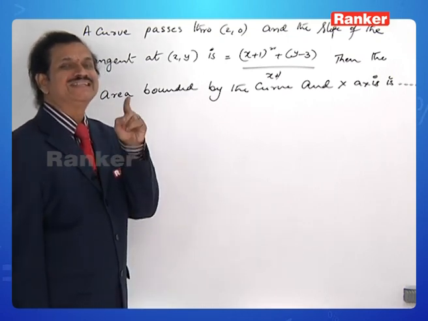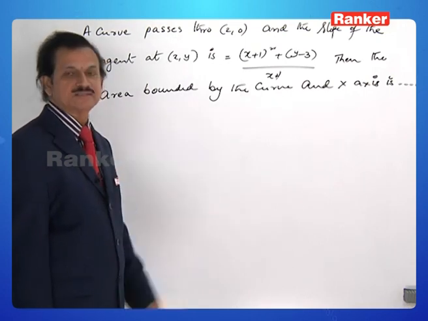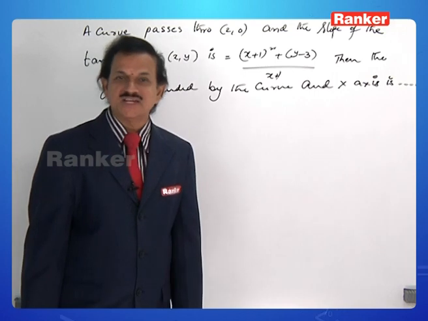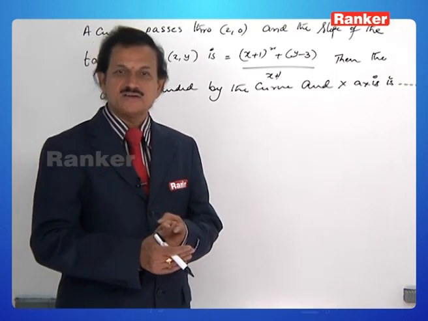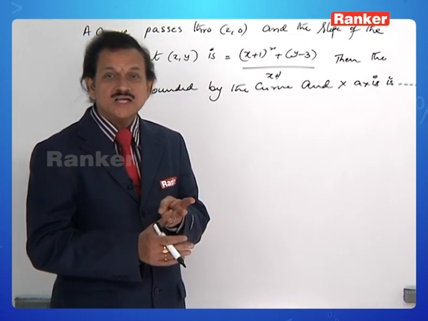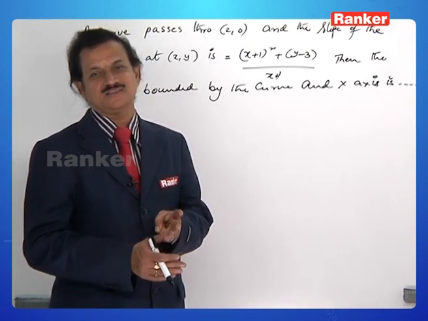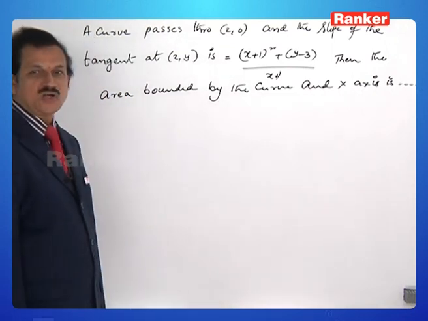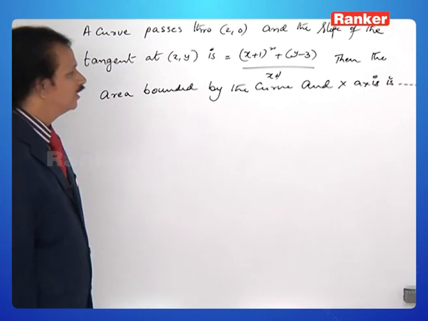Area bounded by that curve and x-axis is the main question. So, this is a combination of differentiation, differential equations and areas of plane curves. Yes, that is why I like to call it a special problem.